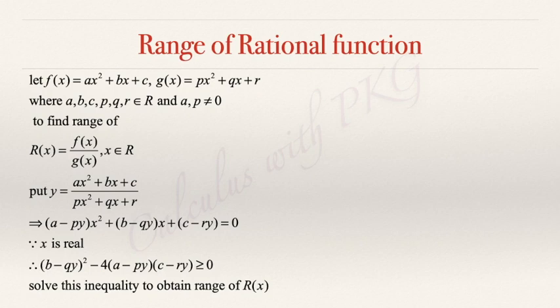So how do we obtain this inequality? Look at the above equation. Just above the inequality, you can see that the equation is also a quadratic equation. Since x is real, in the quadratic equation the discriminant must be greater than or equal to 0.